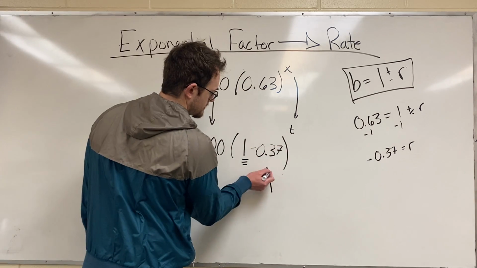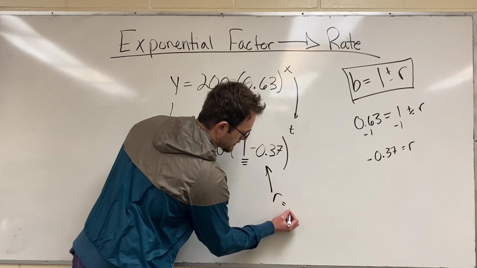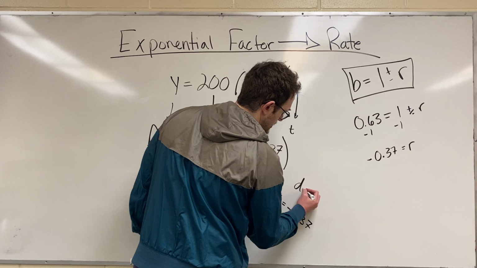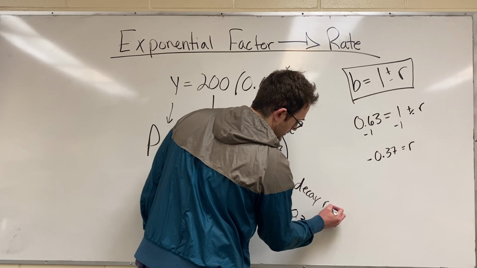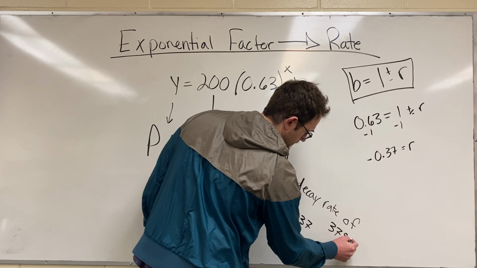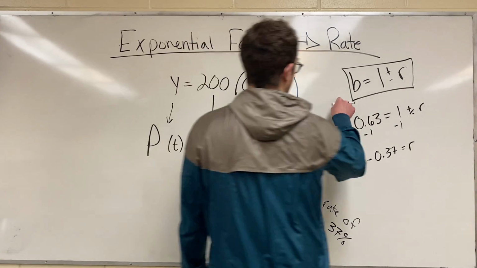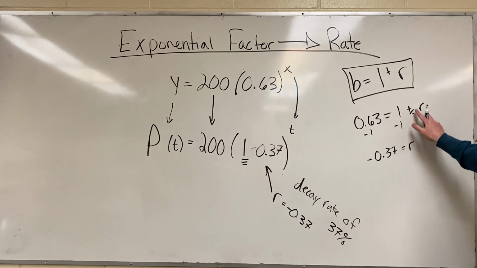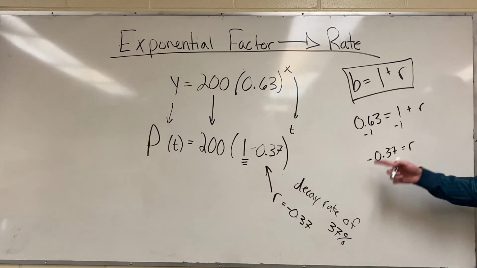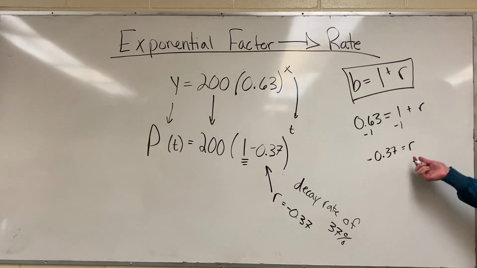This is r. And r equals negative 0.37, which would be a decay rate of 37%. All right, so you can use this general formula, and I wouldn't actually even put the minus in there, you don't need to. Just always have it 1 plus r, and when you solve for it, you're going to find out, is it a positive number, am I adding it, or is it actually a negative number? And then that's what r is.